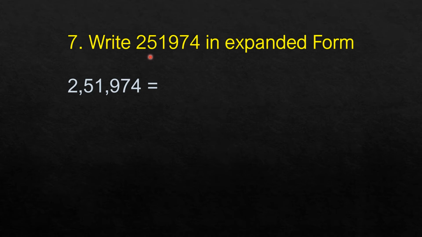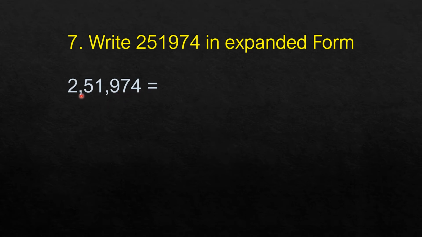Write 2,51,974 in expanded form. So first we put commas: 2,51,974. To write in expanded form, we just write the place values together. So here 2 lakh plus 50,000 plus 1,000 plus 900 plus 70 plus 4.